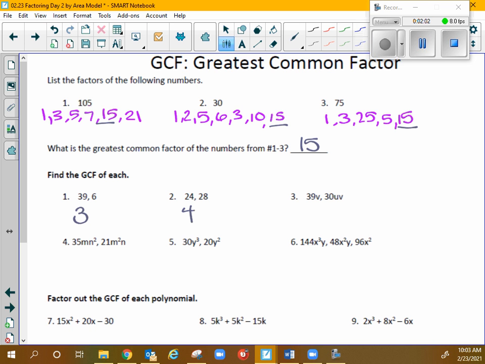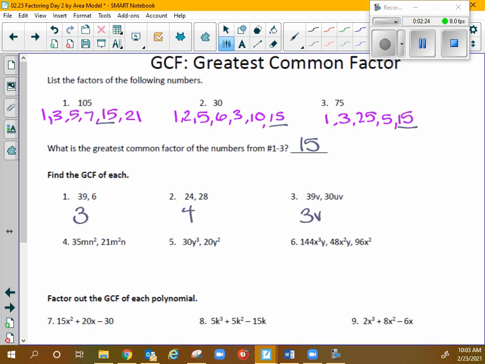Number 3. Eliminate the variables for a second. 39 and 30. 3, right? So if I just stopped there, it would be 3. But now let's look back at those variables. Is there anything that's in common with the variables? Just b, right?